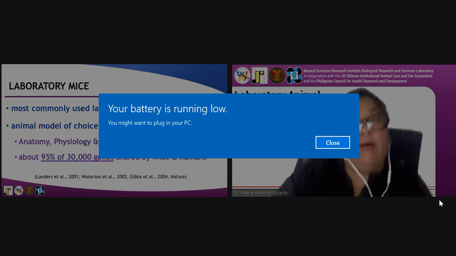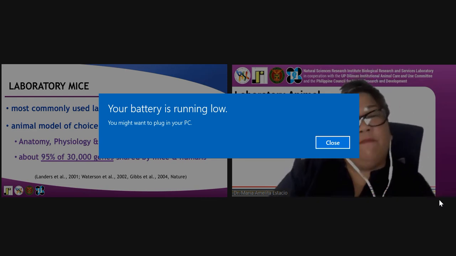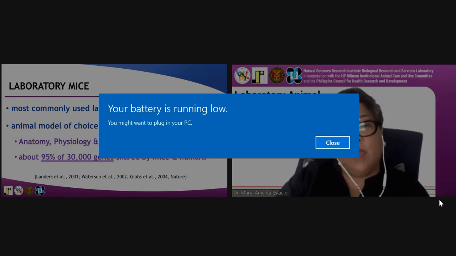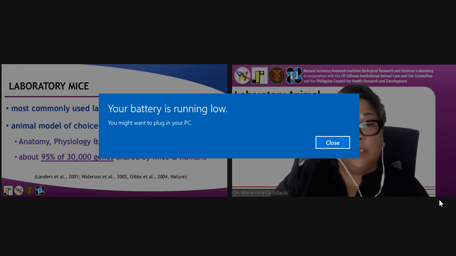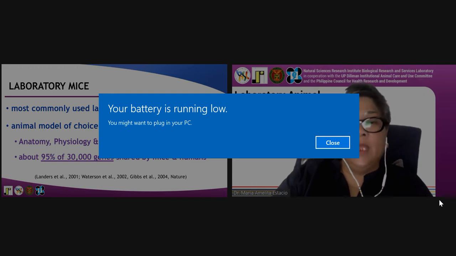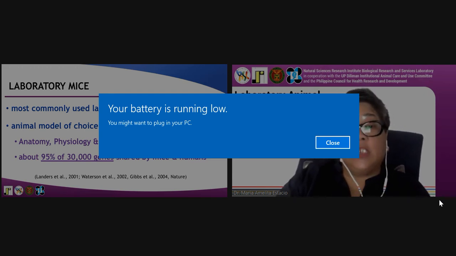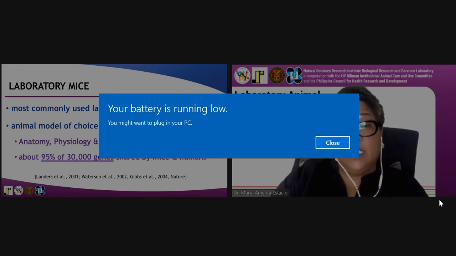So let me start off with one of my favorite animals to use in biomedical research, and I think globally this is the most commonly used. That would be the laboratory mice. The reason why it's popularly used is because in terms of anatomy, physiology, and genetics, they closely resemble that of humans.